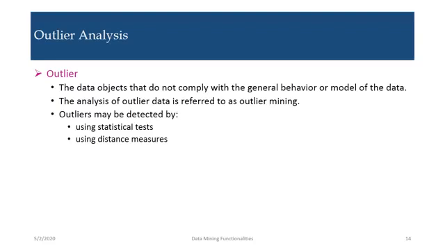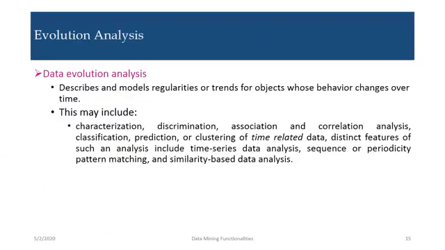In distance measure, objects that are at a substantial distance from any other cluster are considered outliers. If an object is much farther from any cluster centroid, then it does not belong to that group and should not be added to it. So by distance measure also we can detect the outlier.